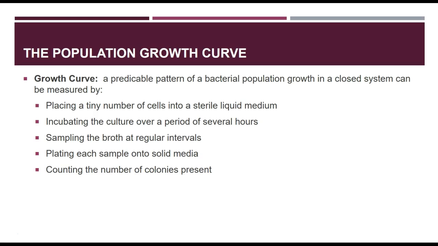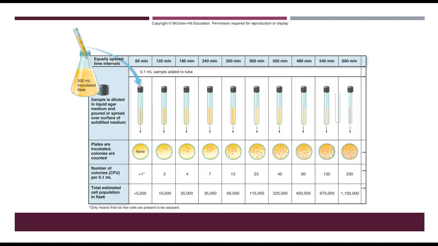We sample that broth at regular intervals of time and plate each one of those samples onto a solid agar media, and then count the number of colonies that are present at each of those times. This helps us to understand the growth curve of this particular organism.